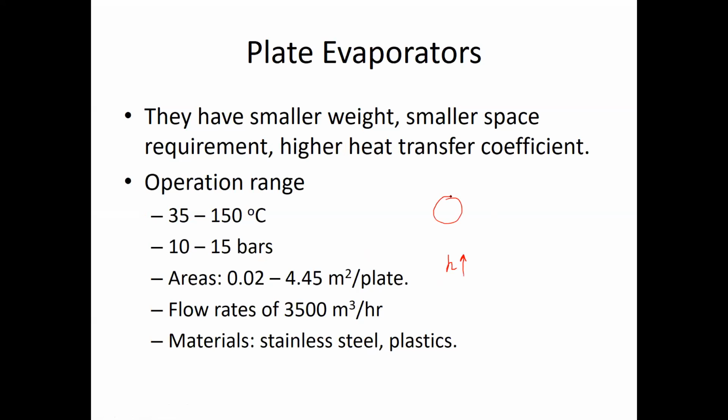Because it is maximum at the leading edge where the boundary layer thickness is 0. And then as the boundary layer thickness increases, the value of H decreases a little bit. But the thickness of the tubes is a few millimeters. So actually, there is no opportunity for the heat transfer coefficient to drop significantly as the thickness of the boundary layer increases. So the average heat transfer coefficient is high.